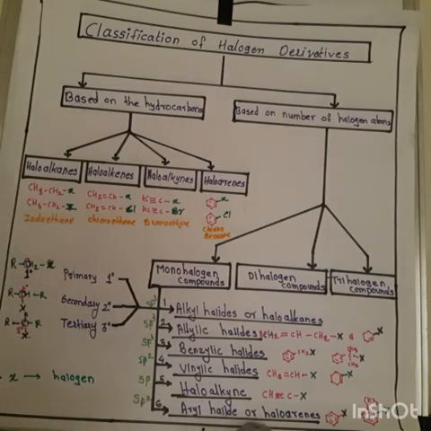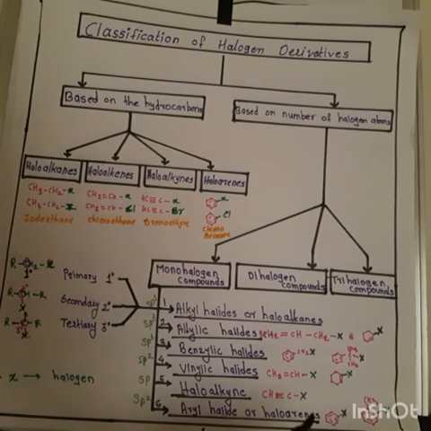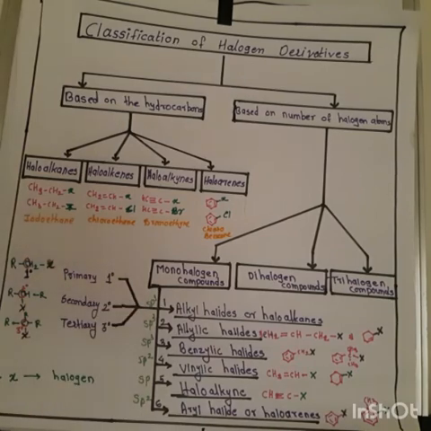Sixth one is aryl halide or haloarenes. In aryl halides, the halogen atom is directly bonded to the sp2 hybridized carbon atom of an aromatic ring. Whenever the halogen is attached directly to the sp2 hybridized carbon atom of an aromatic ring, this type of compounds are known as haloarenes.